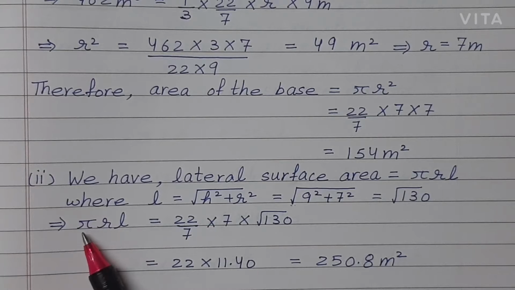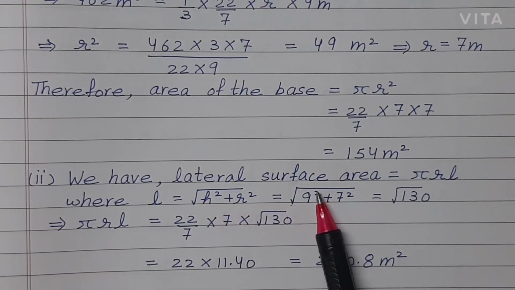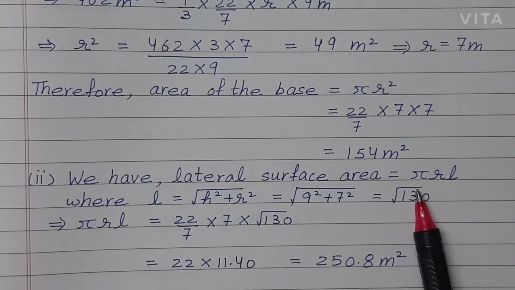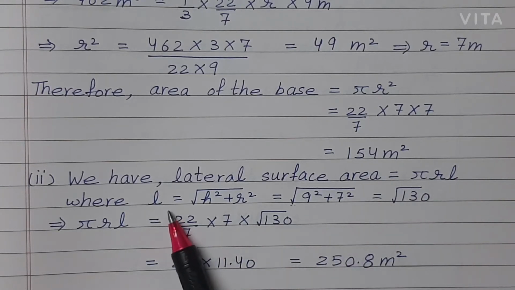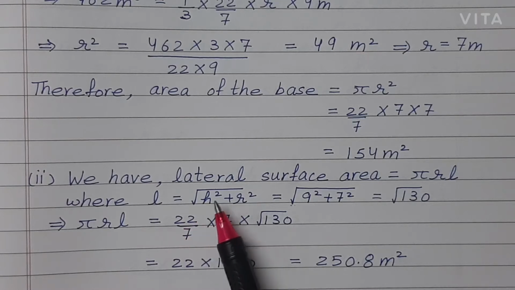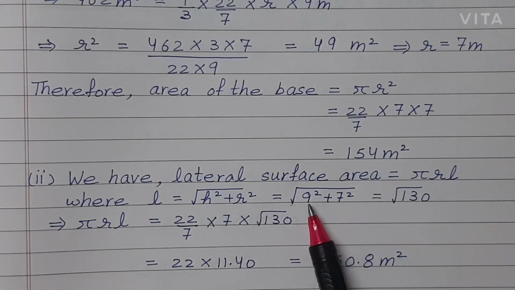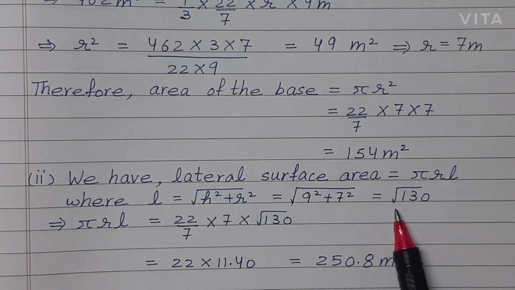In the second part, we have lateral surface area as pi r l. Since l is not given, what is l? The slant height. So l is under root height square plus radius square, that is 9 square plus 7 square, which is equal to square root of 130.